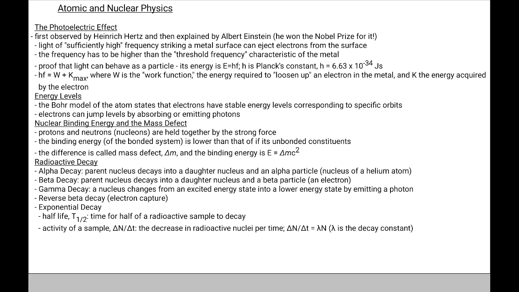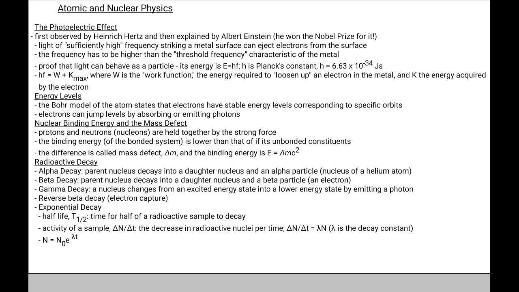Well, this activity is related to the number of nuclei that remain by this relationship. So the activity of the sample is equal to the decay constant lambda times the number of nuclei that remain.